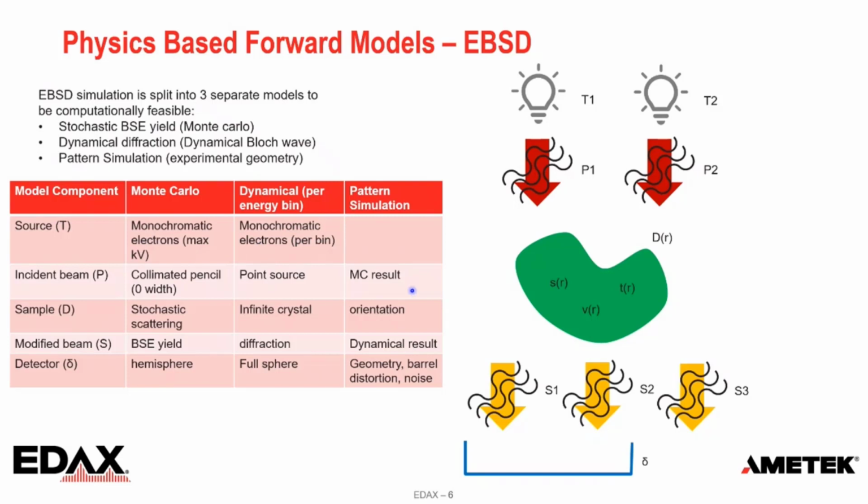So you combine them with the geometry of your detector, and basically for each pixel you say which exit vector from the hemisphere hits this pixel, what does the backscatter yield look like there, and then apply the orientation of your crystal to the Kikuchi spheres for each of those energies and add them all up. And that's what gives you the simulated pattern.